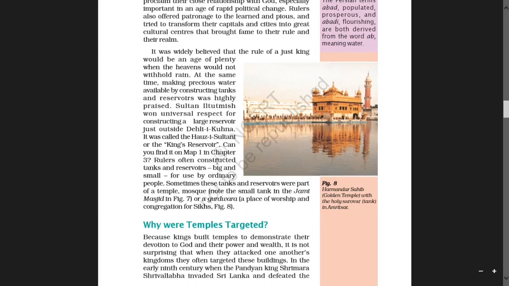Rulers often constructed tanks and reservoirs, big and small, for use by ordinary people.